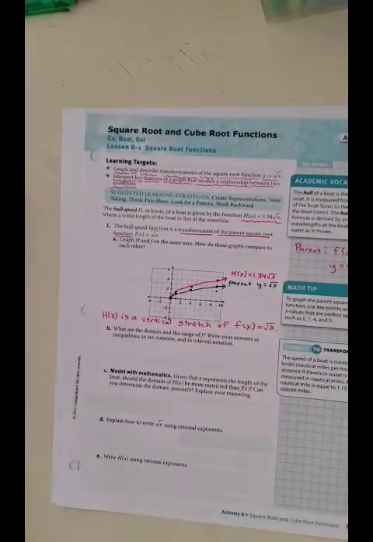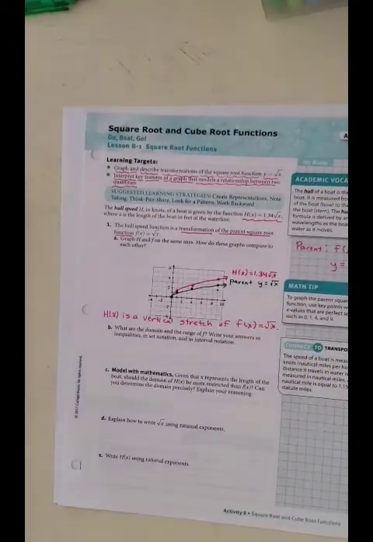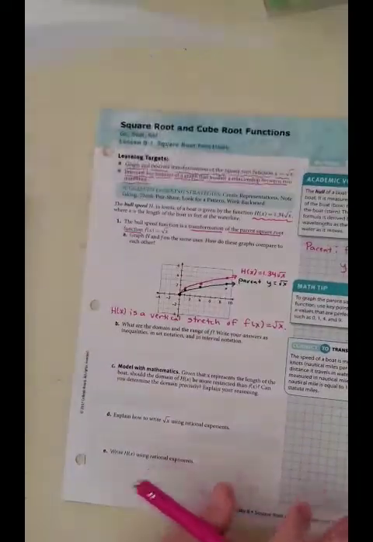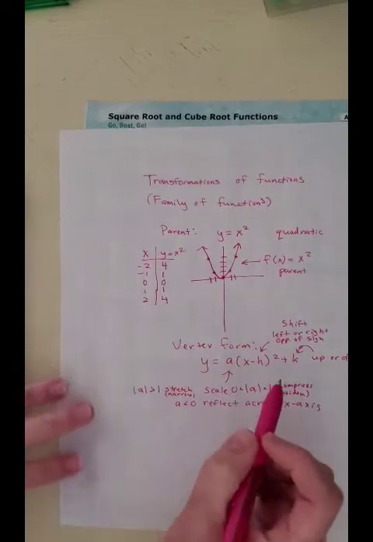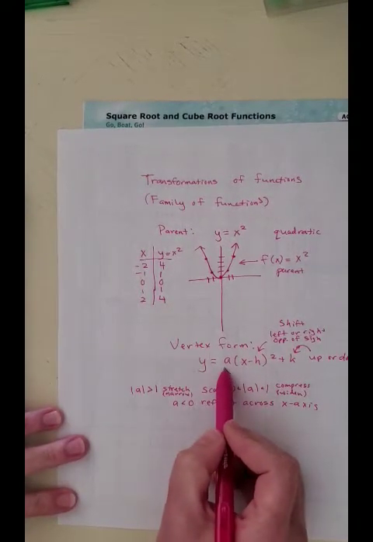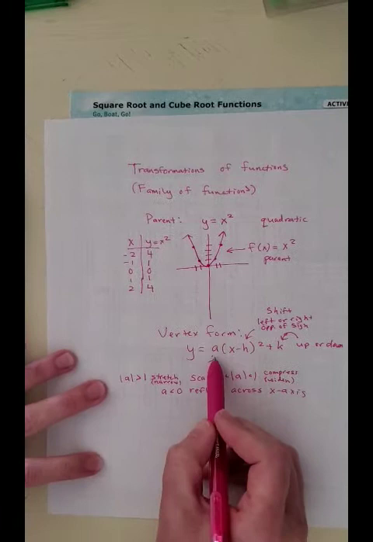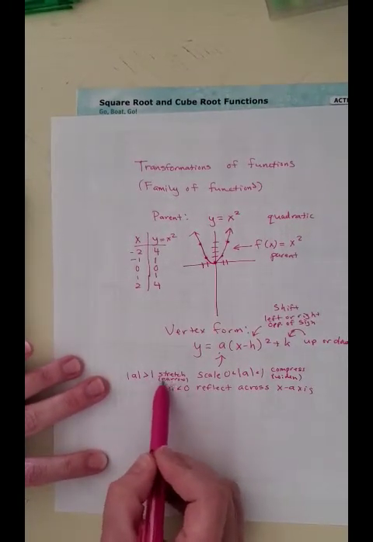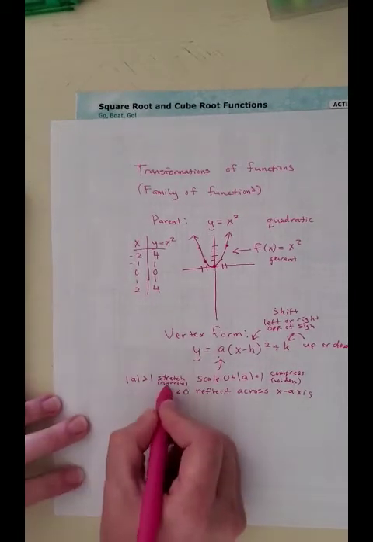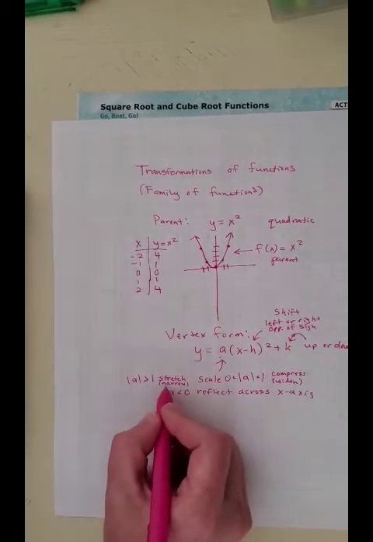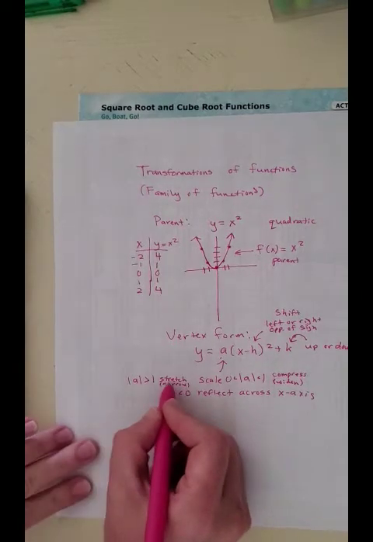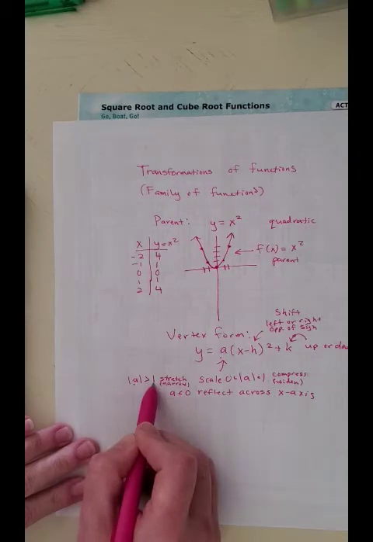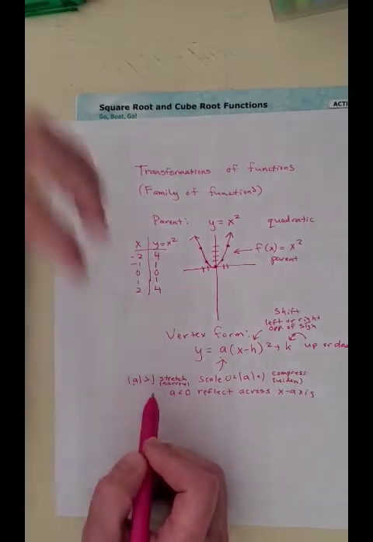Now I could have predicted that that was going to happen because if I look back at my family of functions, and this is true for all functions, my a value does the same thing in all functions. My a value will stretch or narrow. It narrows in a quadratic, but it stretches vertically if the value of a is greater than 1. And it did vertically stretch my graph.